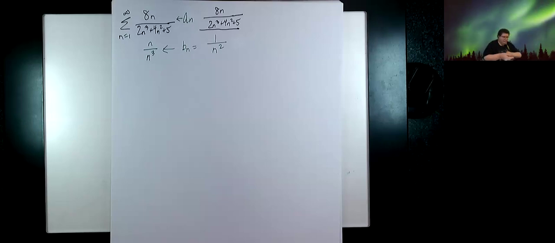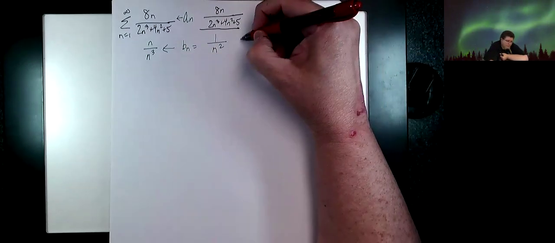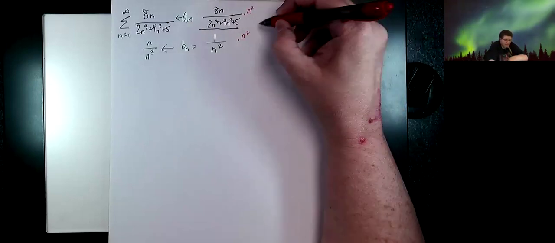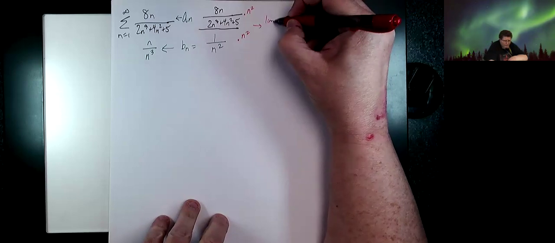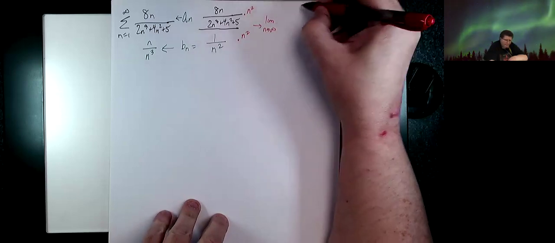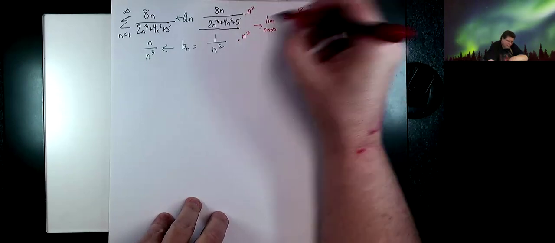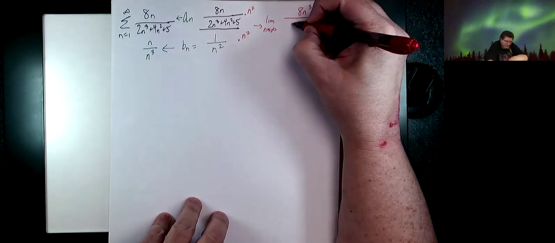So multiply top and bottom by the reciprocal of the bottom, n squared. We're going to do the limit as n goes to infinity of 8n cubed. Just multiplying the tops. This whole bottom is going to cancel.